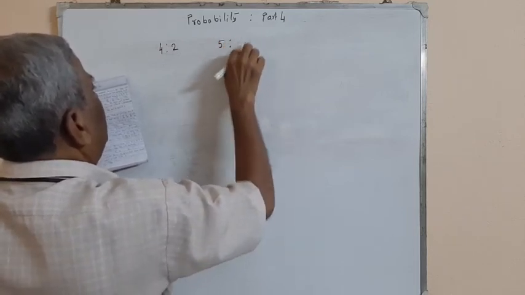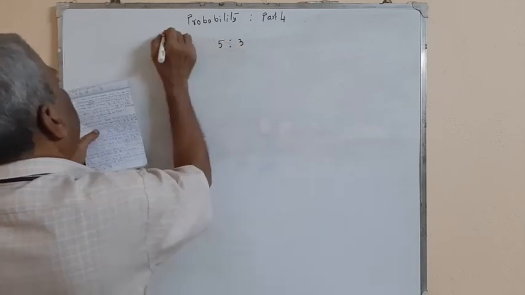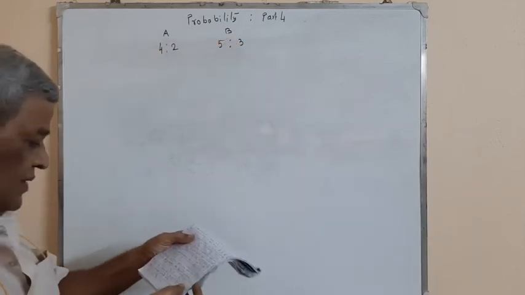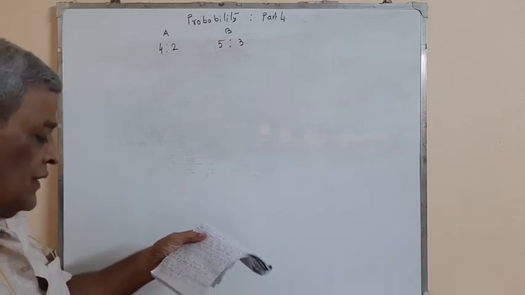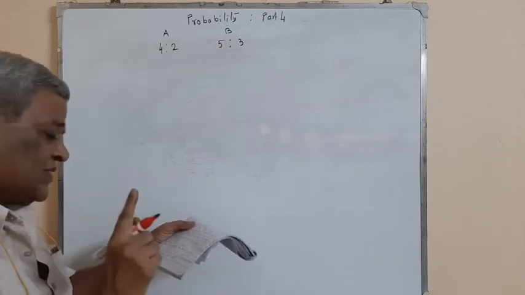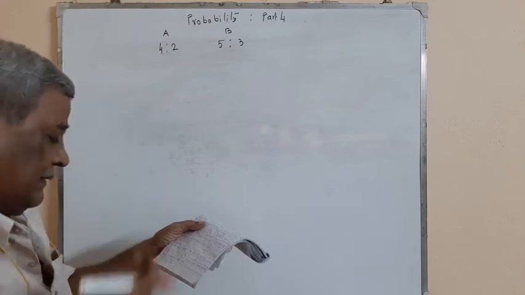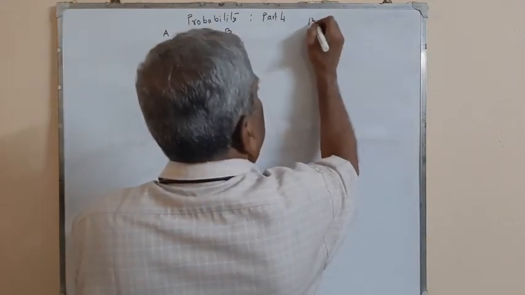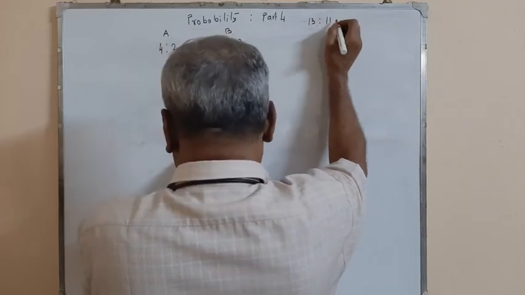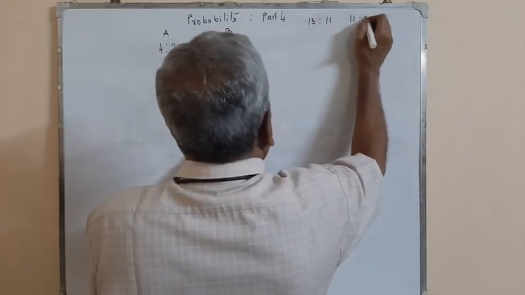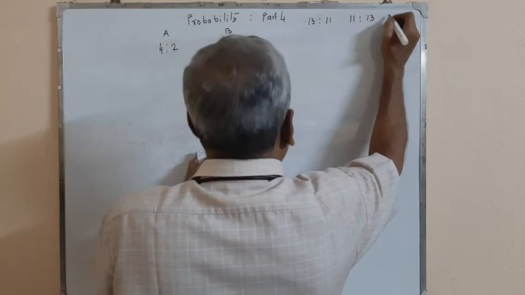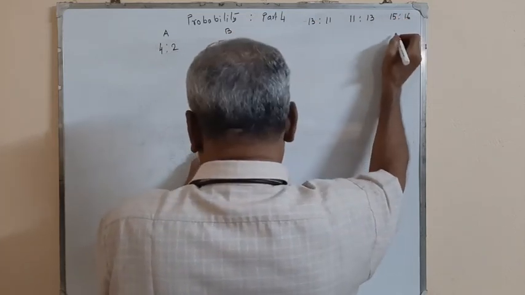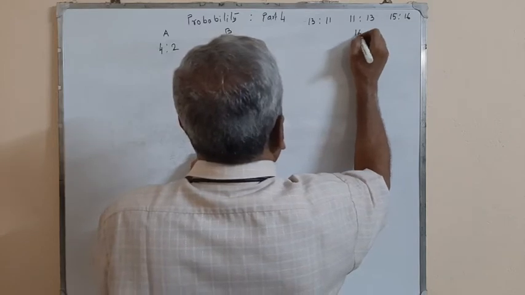Then the odds that on narrating a case they will contradict is, options: 13:11, 11:13, 15:16, and 16:15.